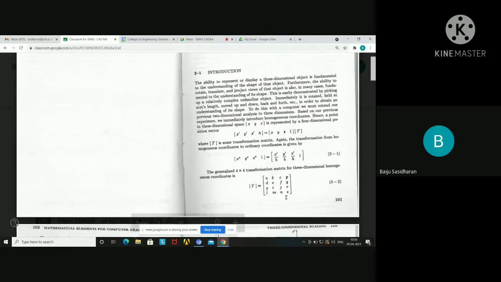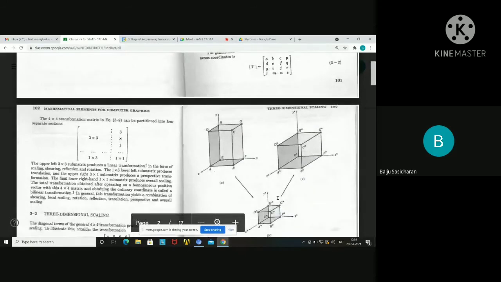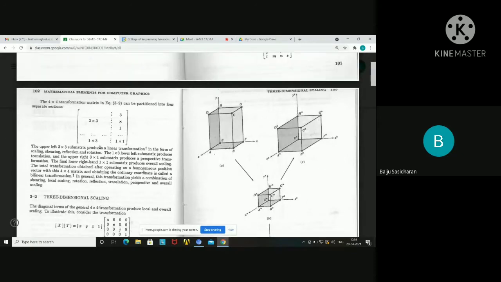Okay, so this is the representation of the 3D transformation operator in the homogeneous coordinate system. See, this matrix here is 3 by 3, here it is 3 by 1, here it is 1 by 3, here it is 1 by 1. So the first is responsible for shearing, rotation, scaling, reflection, etc. Here, the reflection about the XY plane, YZ plane, XZ plane, etc. And this 3 by 1 matrix is responsible for projection.